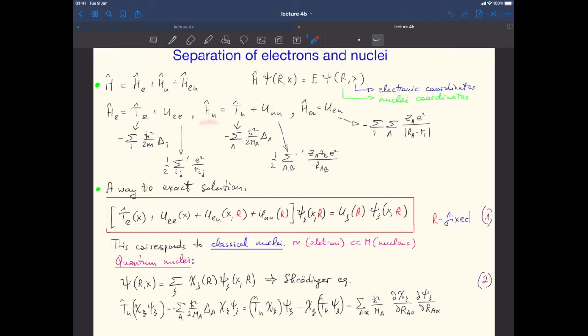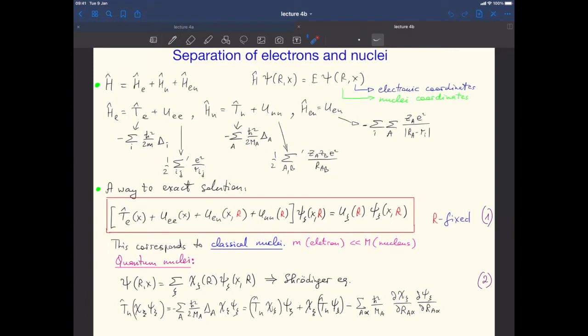The nuclear Hamiltonian also contains the kinetic energy of the nuclei. Here is the mass of the nuclei, which is about 1,000 times larger than the mass of the electron. And this is the nuclear-nuclear interaction, just Coulomb interaction between nuclei. And finally, there is a term of electron-nuclear interaction, which is written here, the attraction between nuclei of charge Z_A and electron. And this is our full Hamiltonian.